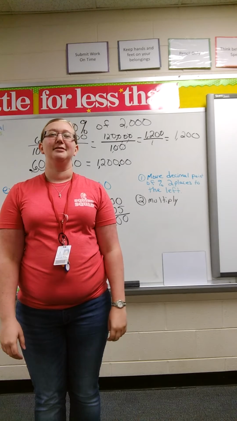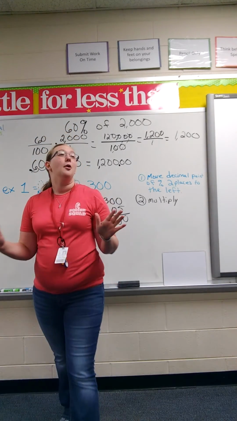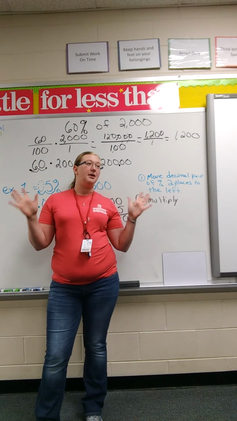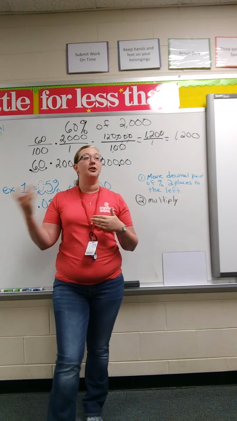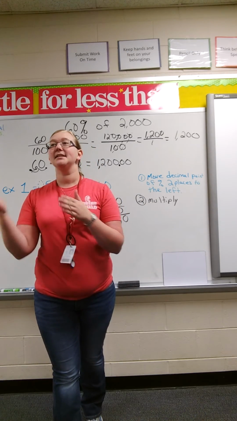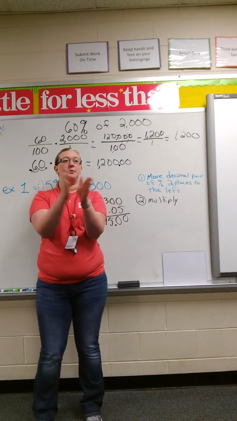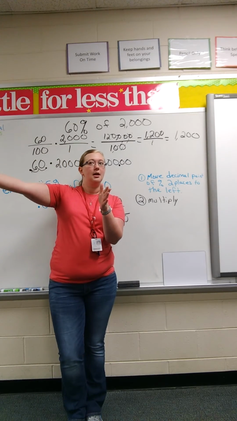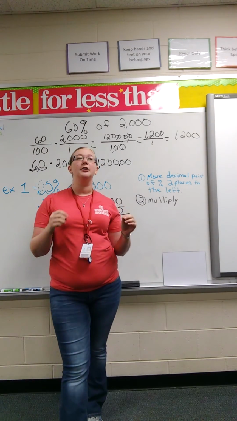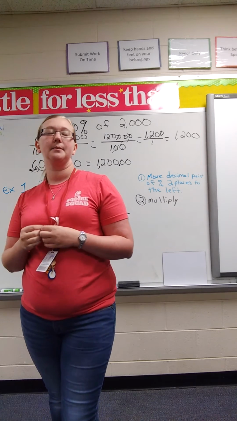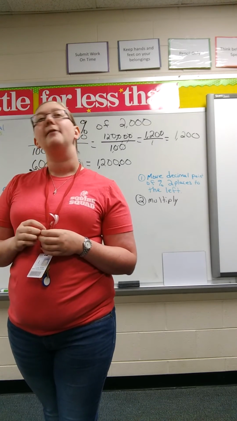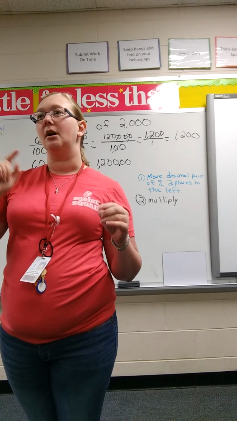So we can't agree on a food, but 120% of something sounds like a good thing, right? Because that means that we get everything that we started with plus more, correct? So if we're finding 120% of something, then our final answer should be larger than what we start with, correct?